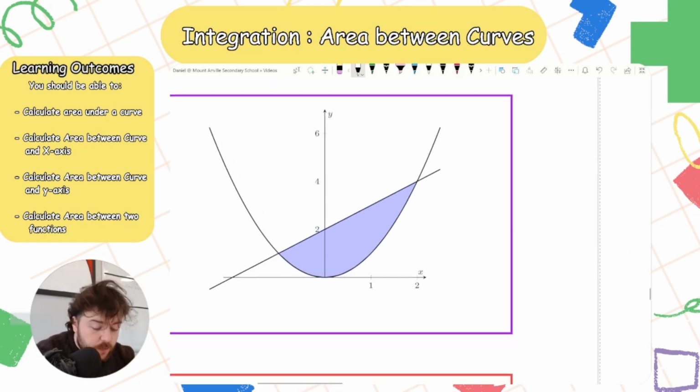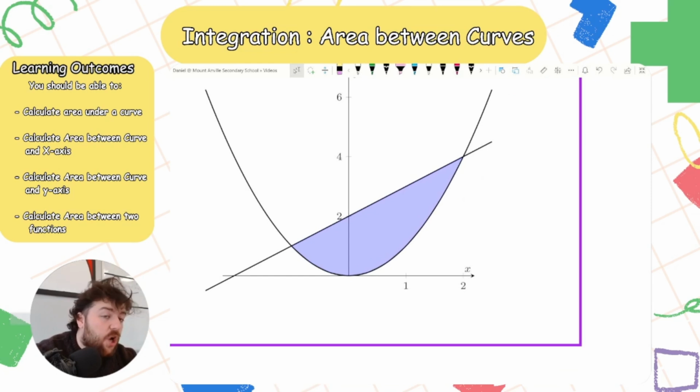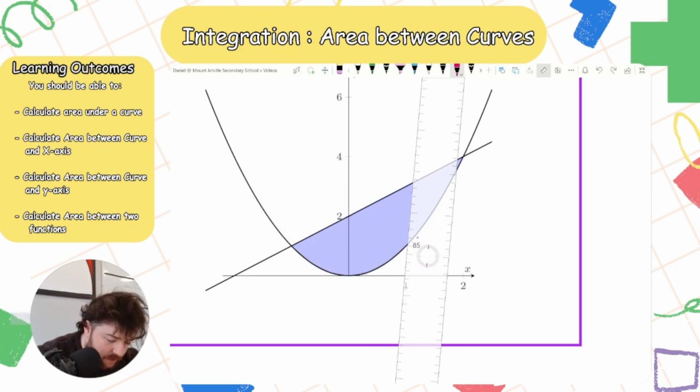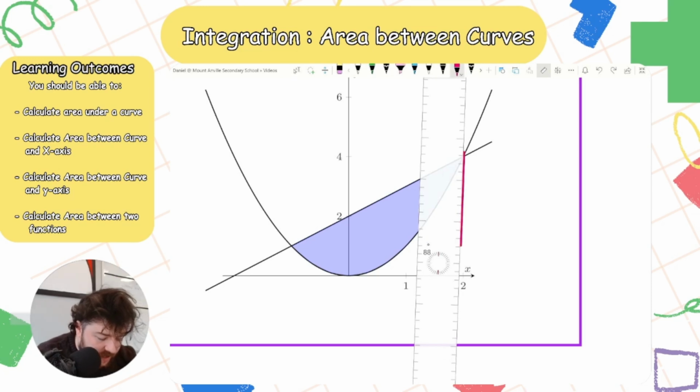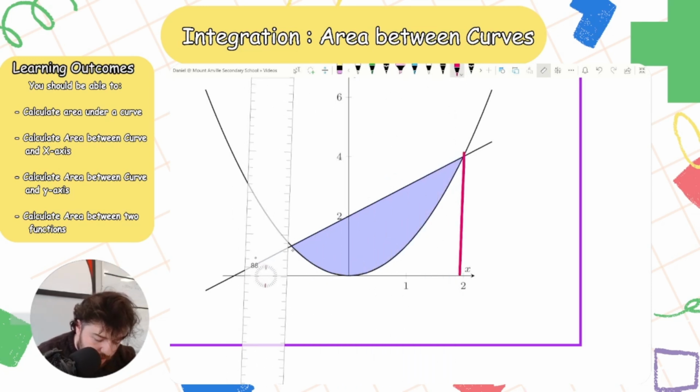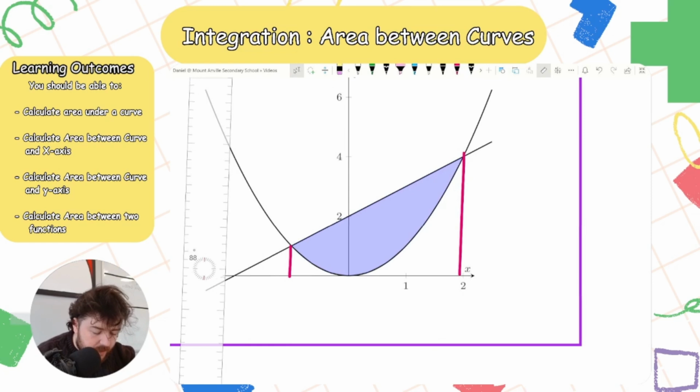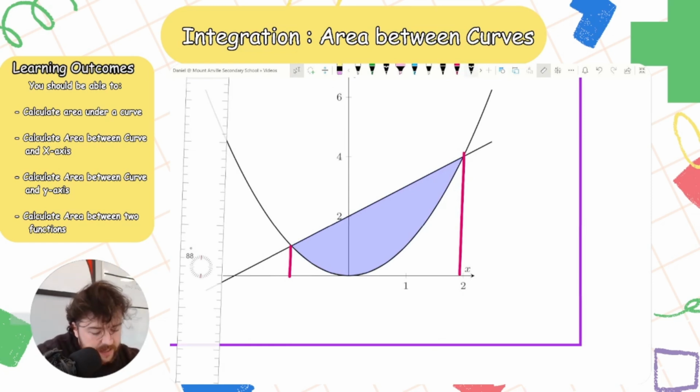Well, the first way we could do it is we could break it up. We could find the point of intersection here. And what I could do is find the area under the line.